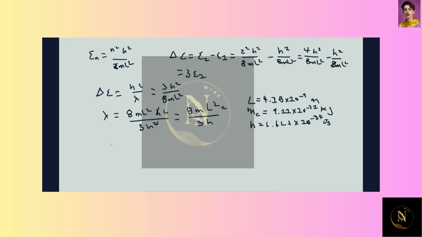We can now solve for lambda is equal to 8 times 9.11 times 10 to the minus 31 kilograms. And c is equal to 3.0 times 10 to the 8th meters per second.